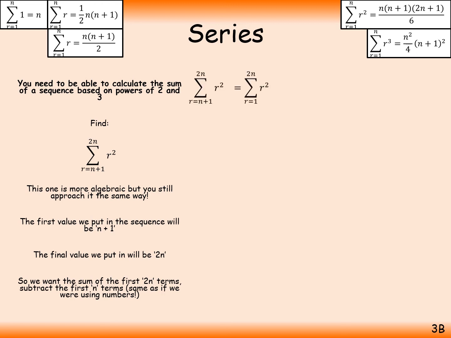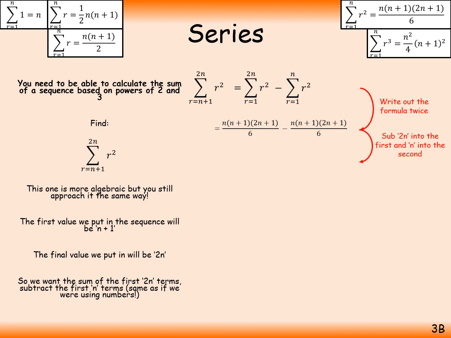So we could write this like this. So we're going from r equal to 1 to 2n minus r is equal to 1 to n. So we write out the formula twice and then substitute 2n in the first and the n in the second.